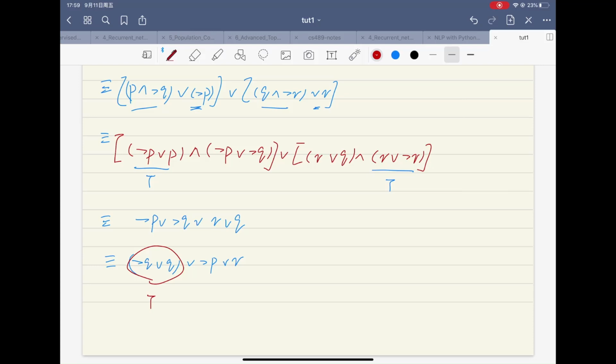So as we know, if there is a true in a series of disjunction, then the whole statement will be true. Here it is disjunction, so the whole statement will be true. So this logic is true.